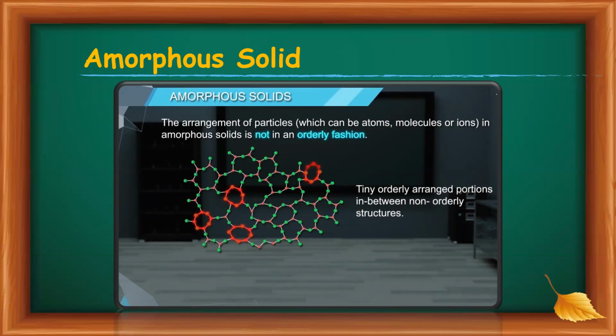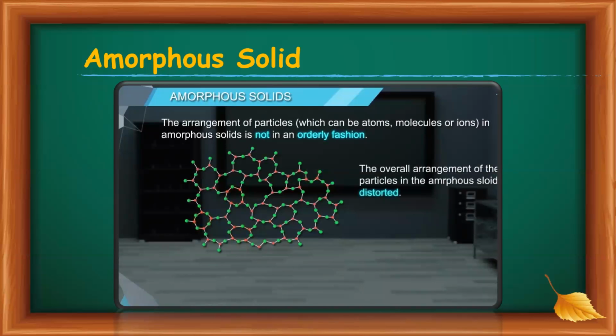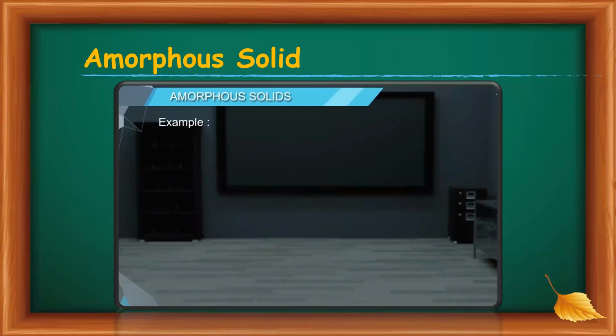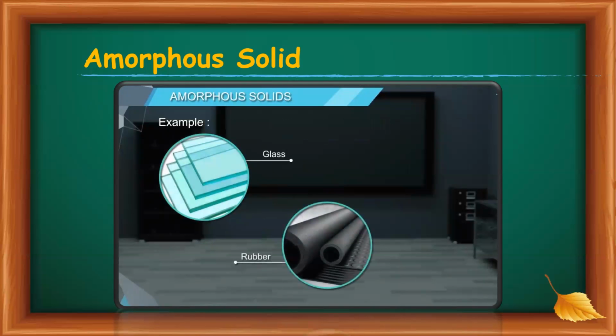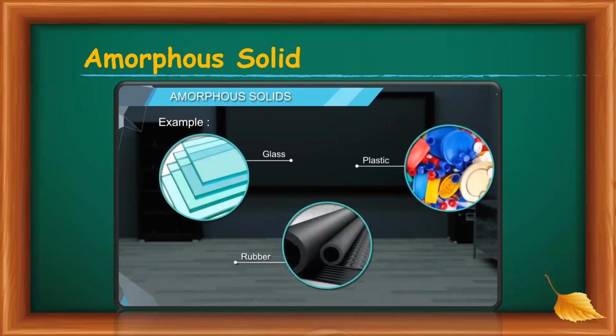Since they are very small in number, they cannot influence the overall structure. Due to this, the overall arrangement of the particles in amorphous solids is distorted. The examples of amorphous solids are glass, rubber, and plastics, etc.